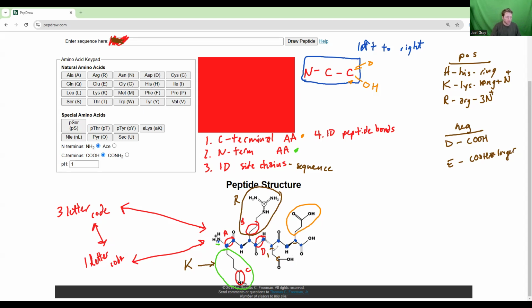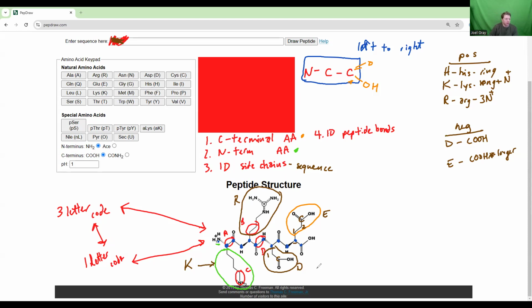My last R group, which is already circled in orange, is 1 carbon, 2 carbons, and then COOH. Well, if I use the standard that glutamic acid is longer than aspartic acid, then this right here is E, and this right here is D. So constructing a sequence based on that will be helpful.